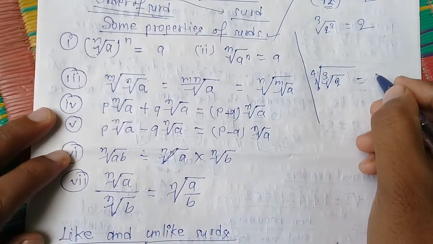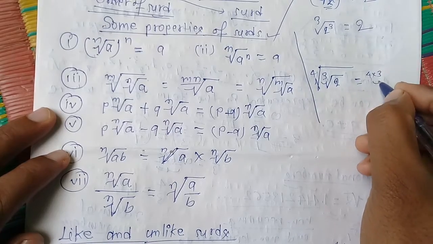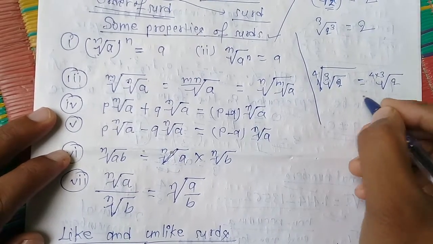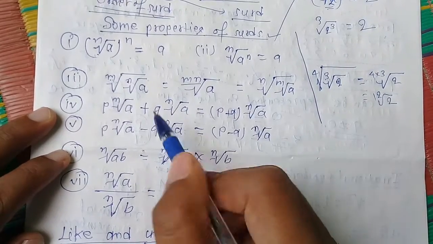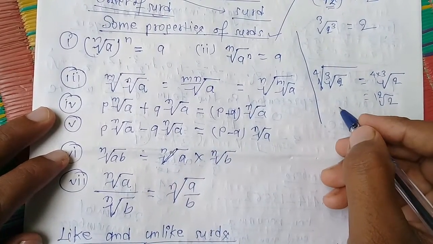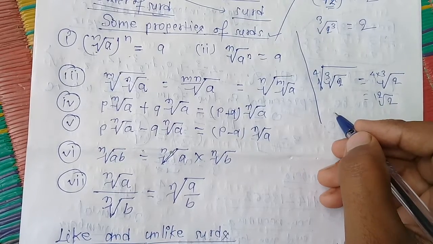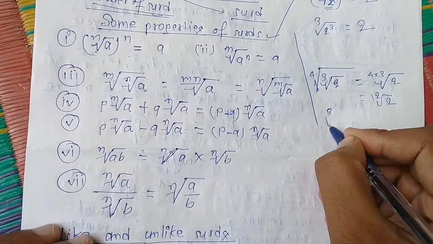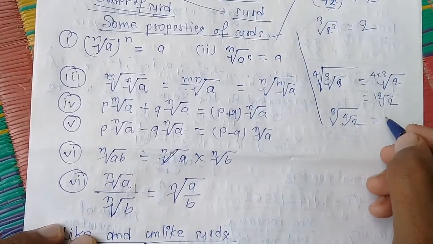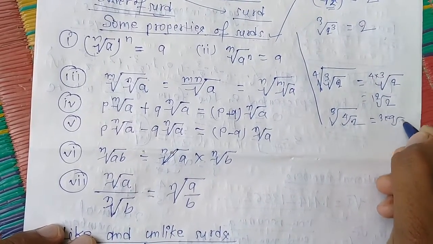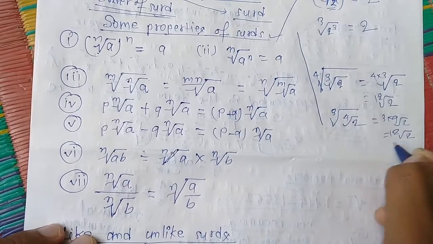What will this be? 4 into 3, so it will be the 12th root of 2. The order may also be reversed: the third root over the fourth root also gives 3 into 4, that is, the 12th root of 2.